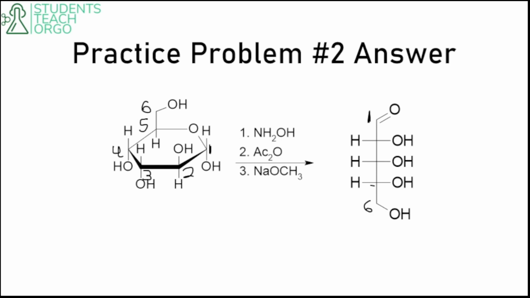So just going backwards, 5 is not touched, 4, 3, so 2 is what we got rid of. All right, so we got rid of 2. So pretty much all you're going to look at is this OH and this OH, and then this one's always going to be there. So I think for Wohl degradation, you can either work forwards or backwards. I think it's probably best to work backwards here.